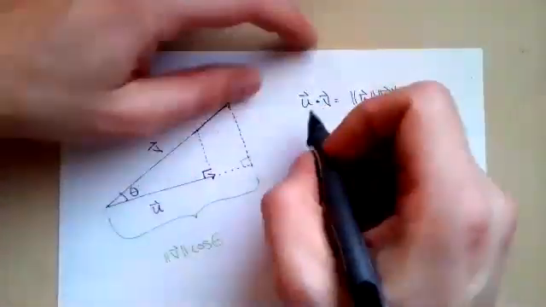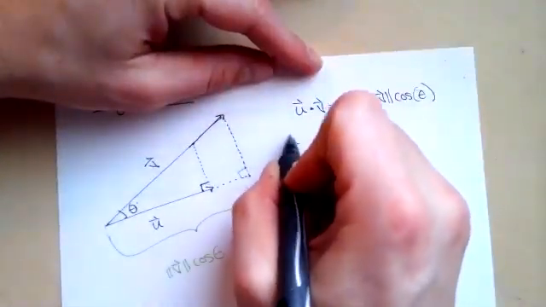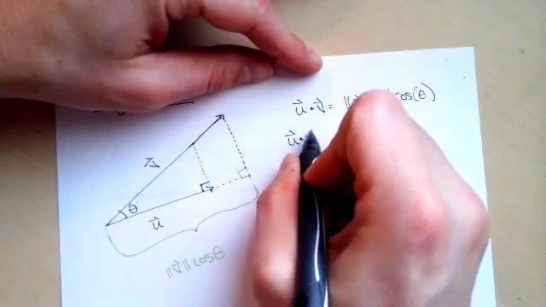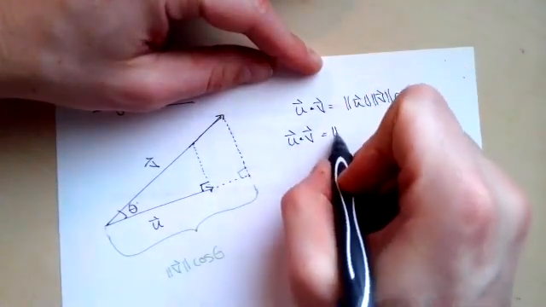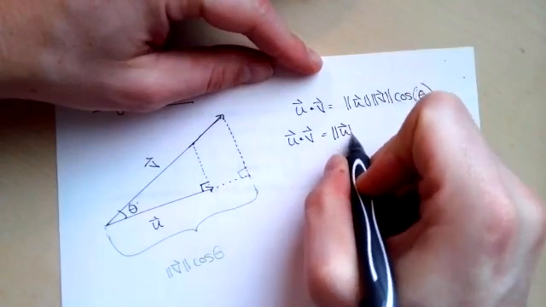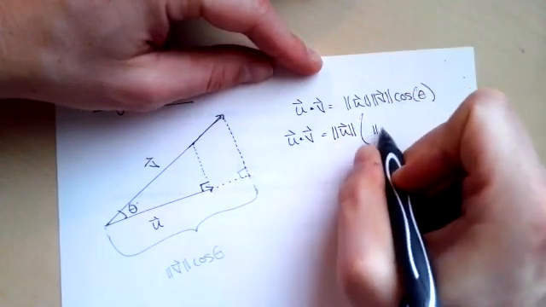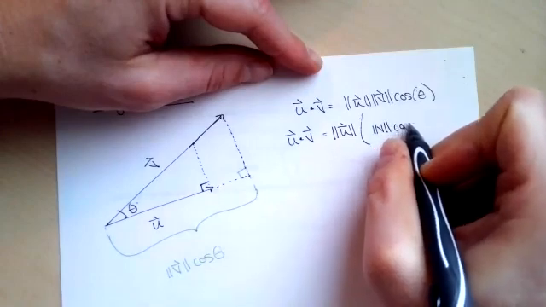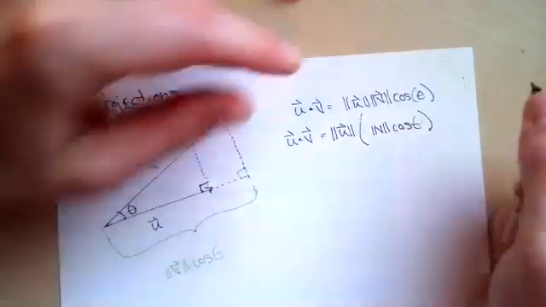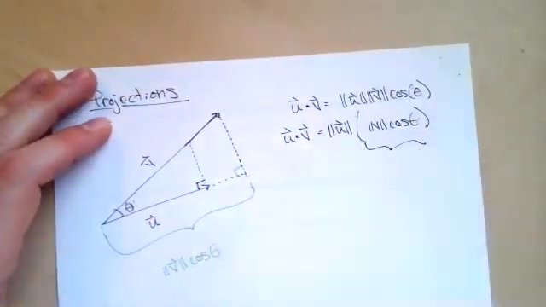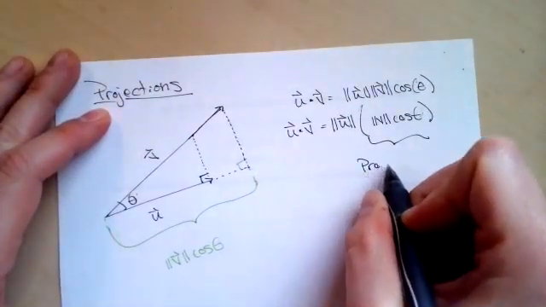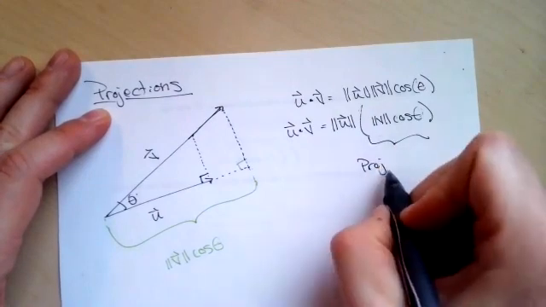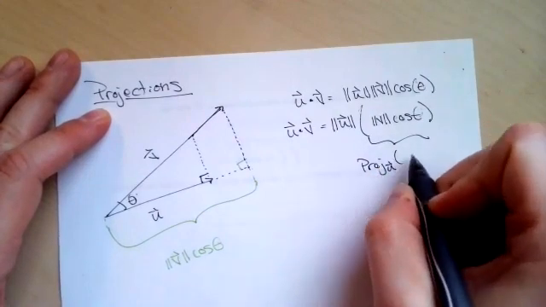So in some sense, what you can interpret a dot product as, we've got this u vector times this norm v cosine theta. Norm v times cosine theta is what we want to call the projection onto u of v.